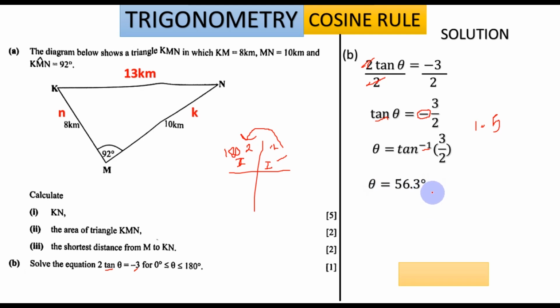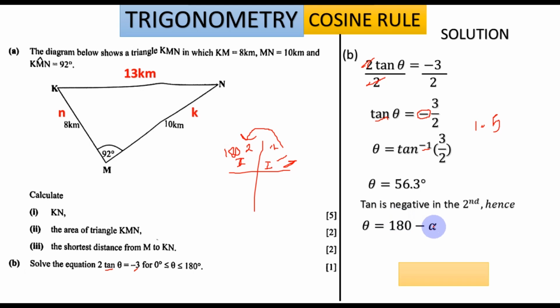We can now find the value that they're asking us. Remember I said this 56 is in the first quadrant, but tan here is positive. What we want is a value which is in the second quadrant, okay? Because tan is negative in the second quadrant. Hence, we're going to say 180 minus the reference angle.